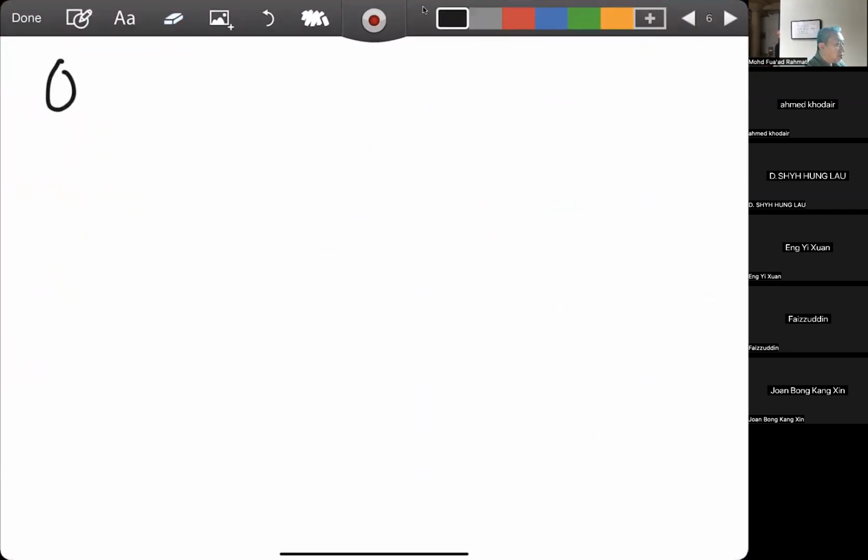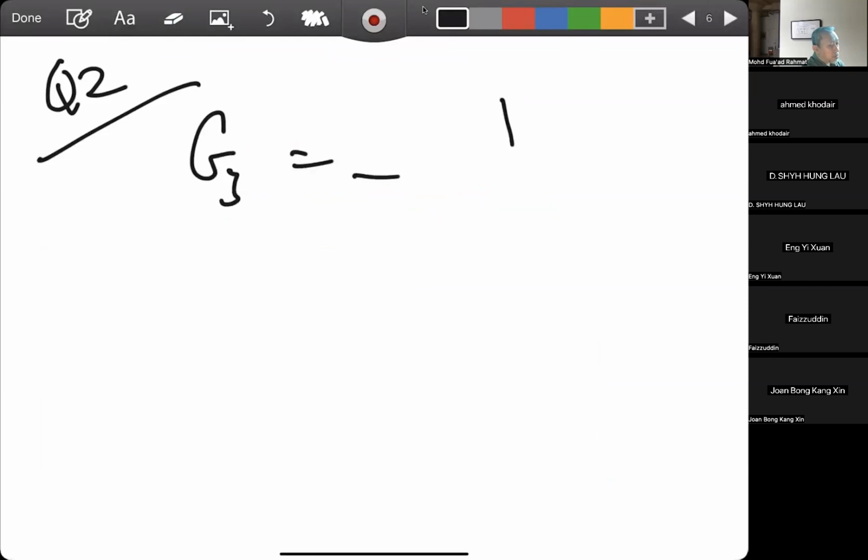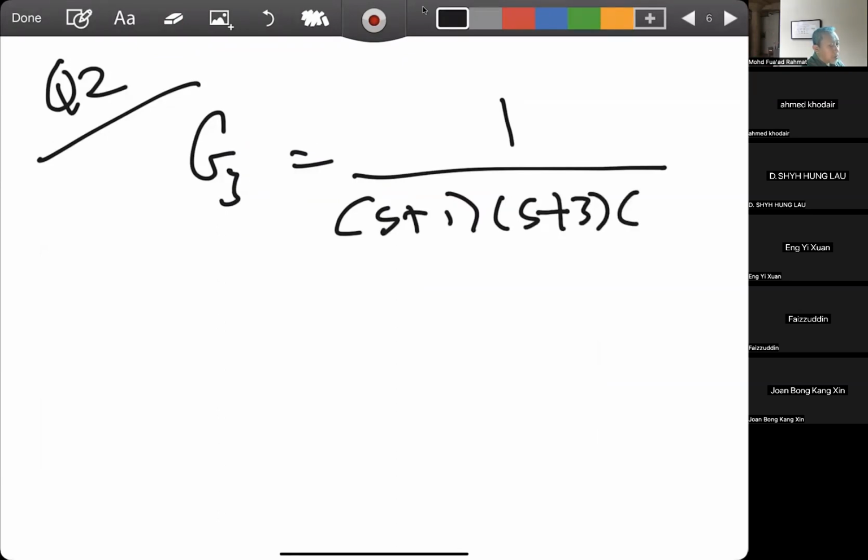Right, so for Q2, G3 is 1 over (S plus 1)(S plus 3)(S plus 15).